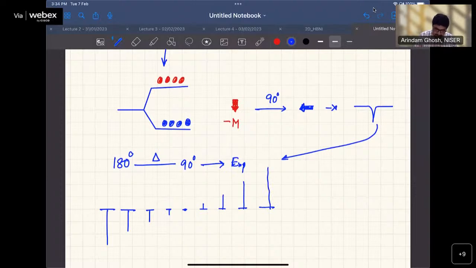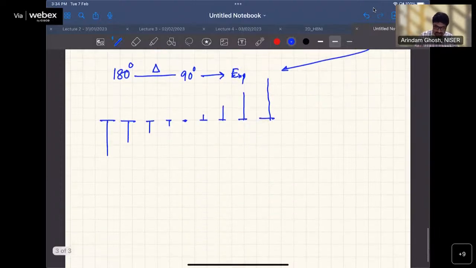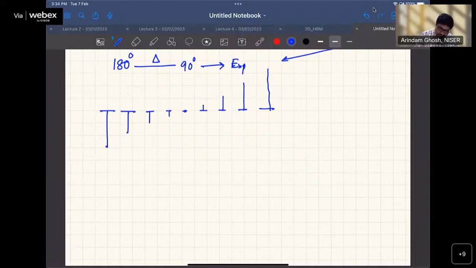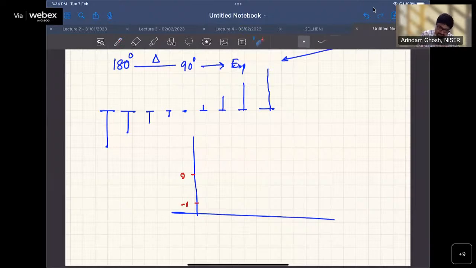Correct? So if I just plot this particular thing, this tip, I'll get a situation like this: starting from -1, because this is -1, it will go all the way to 1, and it is not going to be linear, it's going to be something like this.